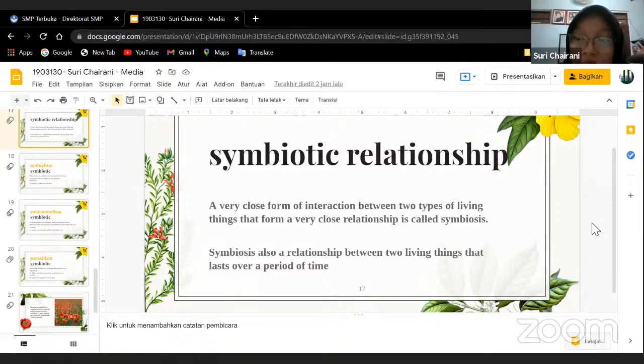So I give those three symbiotic relationships in this material. A symbiotic relationship is a very close form of interaction between two types of living things, called symbiosis. Symbiosis is also a relationship between two living things that lasts over a period of time.